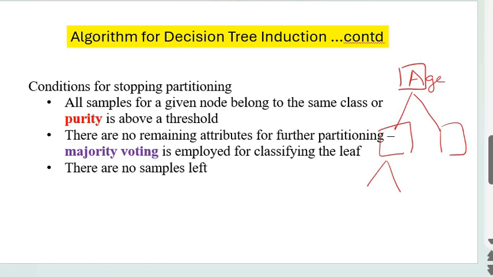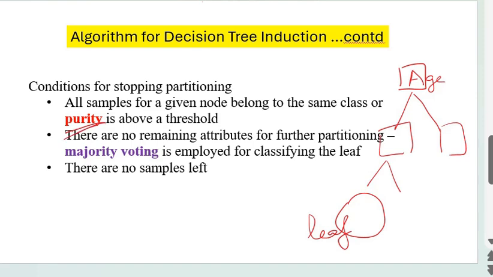So when do you stop? When do you say that this is a leaf? Leaf means it will not have any further branches. So all samples at a given node belong to the same class, or the purity is above a threshold.